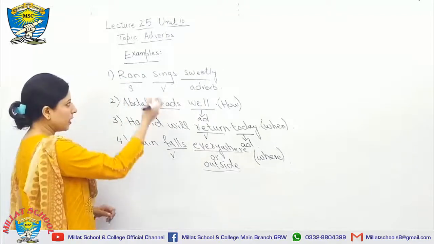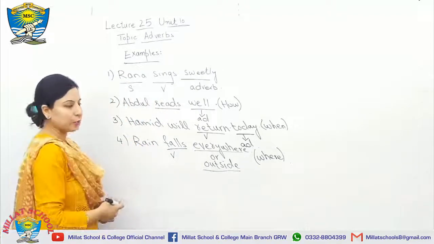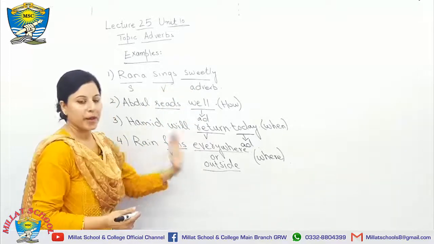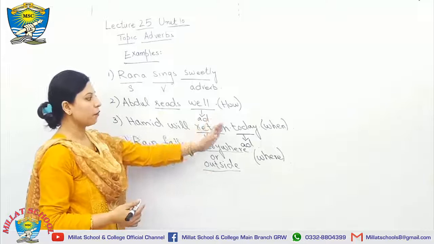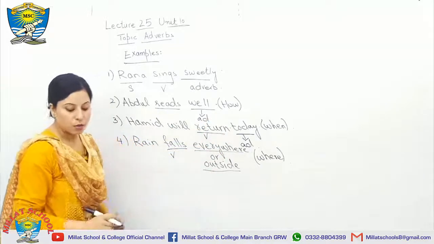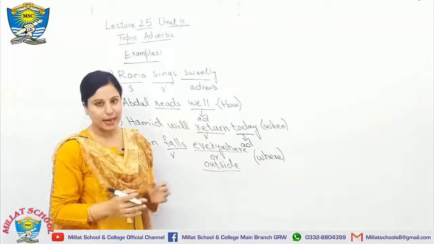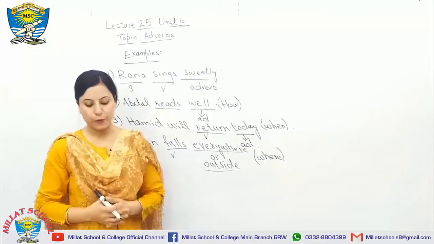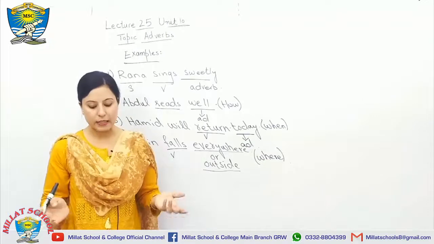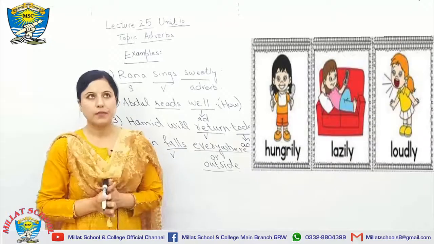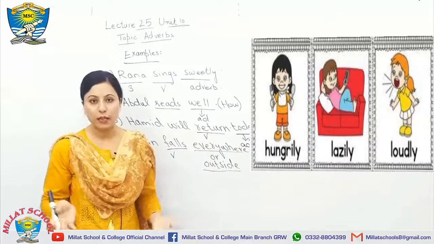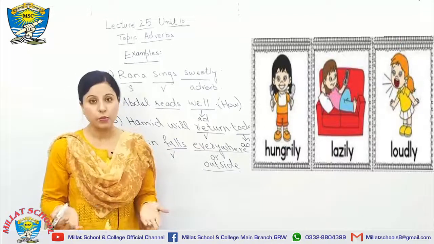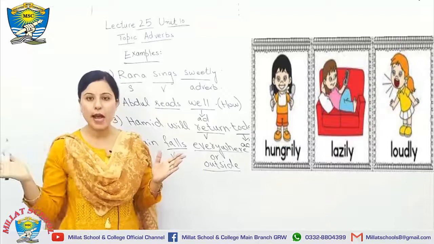So all the examples are very clear to us that we are adding some meaning to the verbs by using different categories of how, when and where. This is another example for you. You can also use he speaks too loudly. Too and loudly are both adverbs.